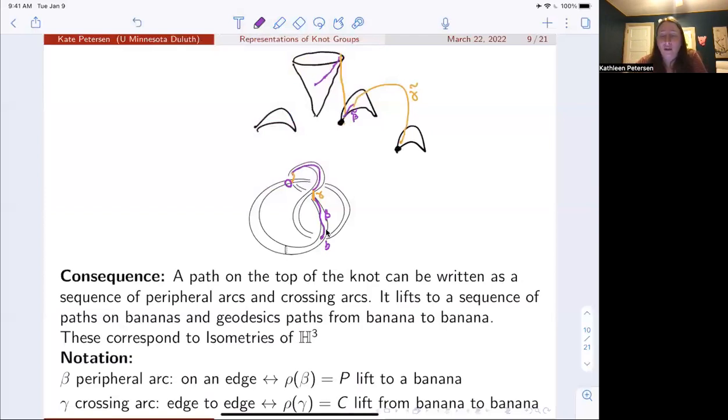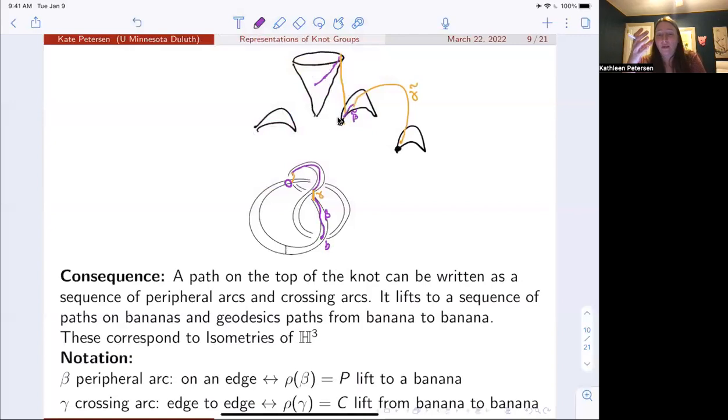And so I can trace the transformation of H3 that does that, the isometry of H3, because this isometry, I can understand it fixes this banana. This isometry takes this point to this point.